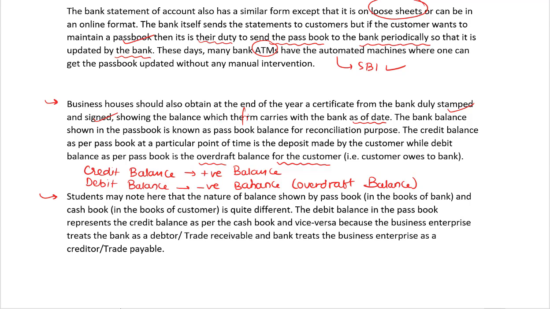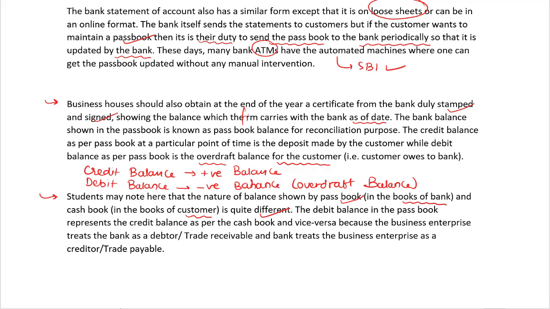Let us continue. Students may note that the nature of balance shown by the passbook in the books of the bank and the cash book in the books of the customer is quite different. The debit balance in the passbook represents the credit balance in the cash book, and vice versa.